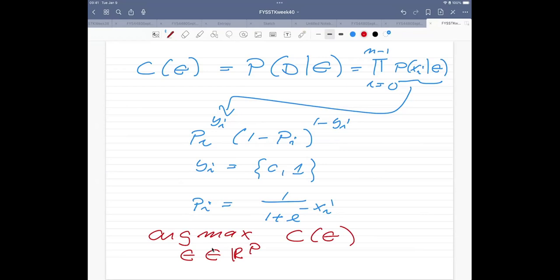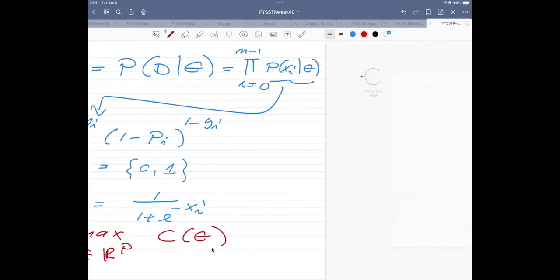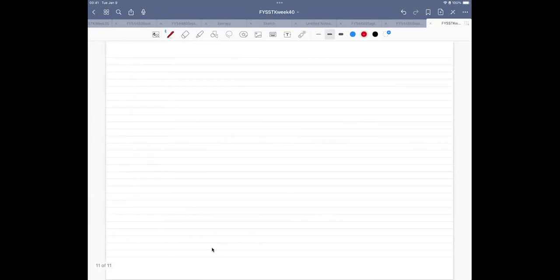Now, as we discussed last time, this is a little bit clumsy. So what we normally do then is to maximize the log of the probability or minimize minus log of the probability. And that gives us much nicer equations to deal with numerically. So let me remind you of those equations. And this actually ends a little bit the discussion we had last time.